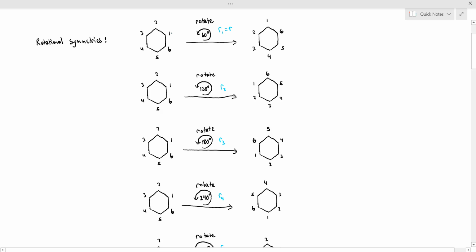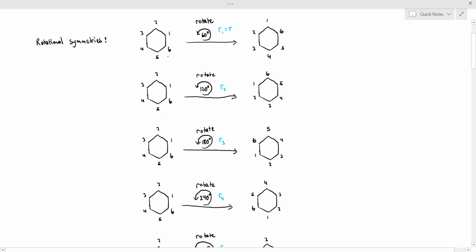Basically everything shifts over one unit counterclockwise. So 1 shifts up to the top, 2 shifts down to here, and 3 shifts down, and so forth. So when you rotate by 60 degrees counterclockwise, you get the same shape of a hexagon, but the vertices have moved over by 1.